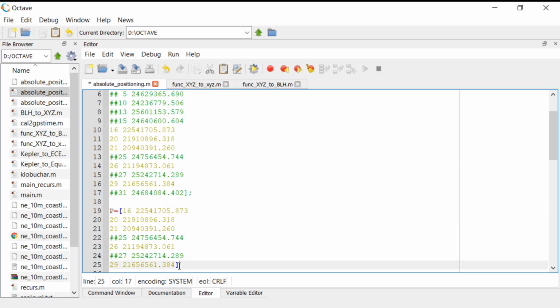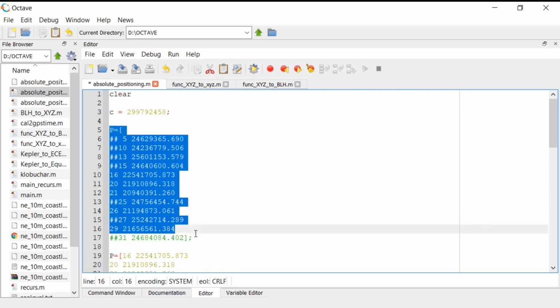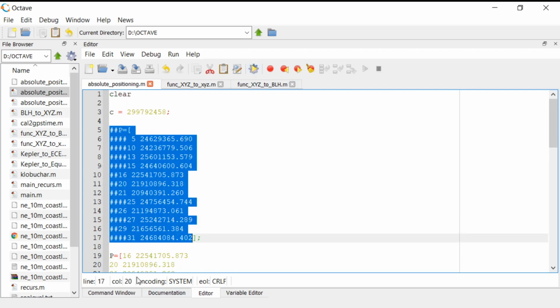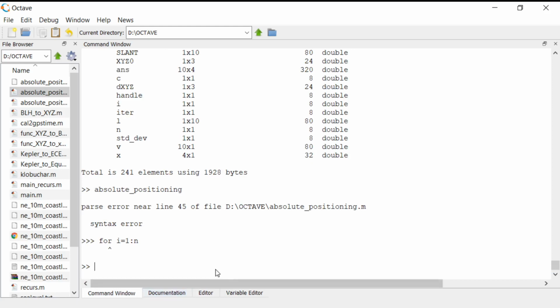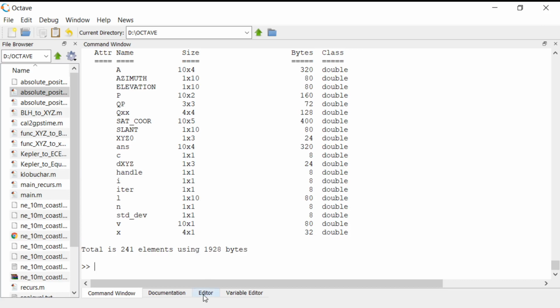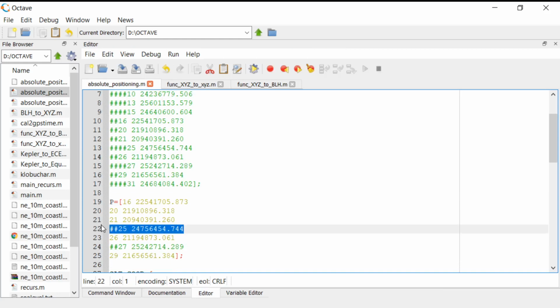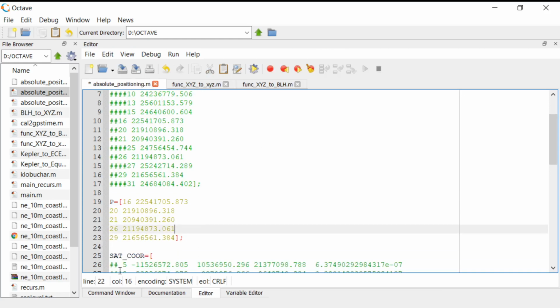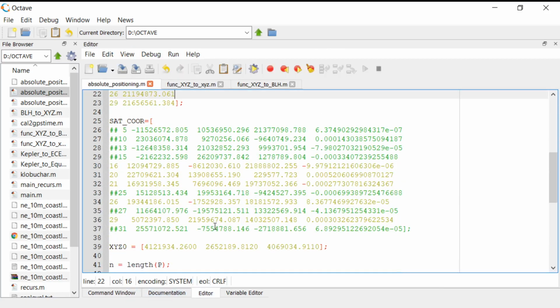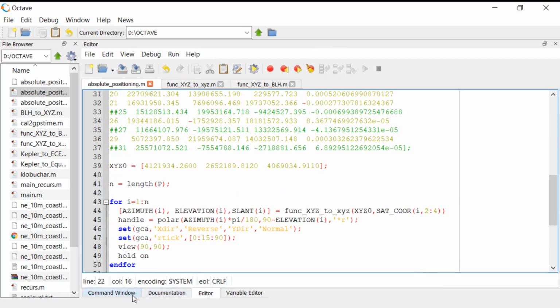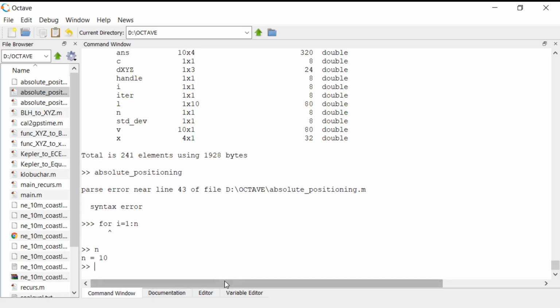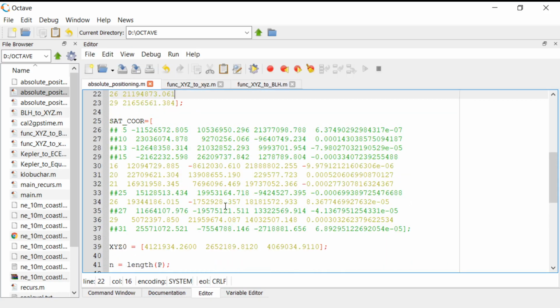If it does not begin with the value, we will have a problem. So exclude. Now run. P is 10 by 2 here again. We have n still 10, so it must not be 10.